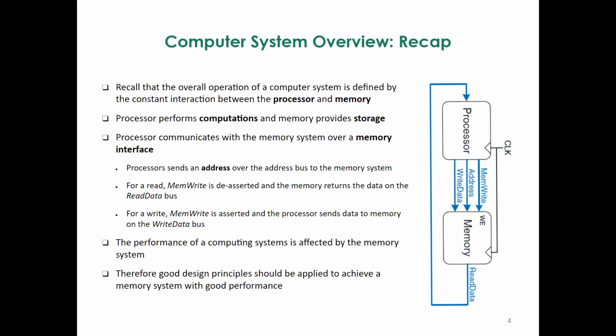All right. So this is just a recap of something that we covered previously, highlighting how the operation of a computer system really, in basic terms, is defined by the interaction between your processor and your memory. Your processor being the master, meaning it issues requests or commands, and your memory being the slave. It responds to the processor's requests.